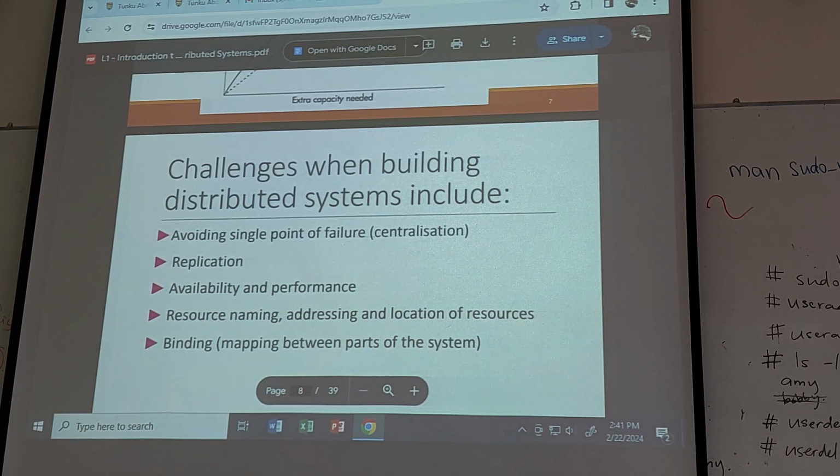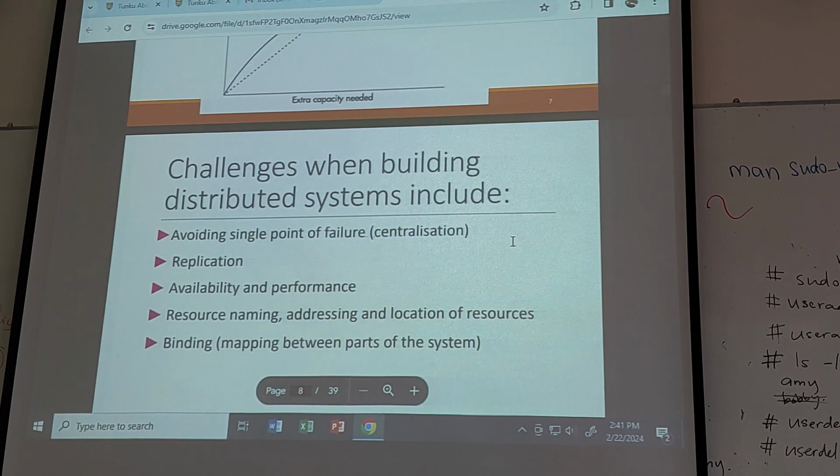Okay? Actually, the last one is the same as the second last. It's basically binding, which means you bind the address. For example, initially the IP address is the headquarter, and then when you are receiving the video from the server nearby you, your IP address will be bound to the new location.